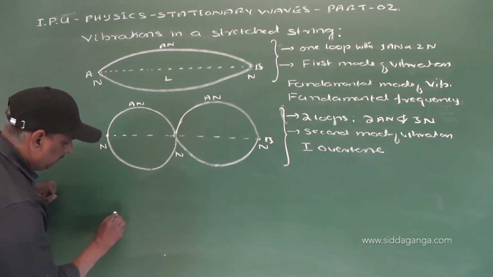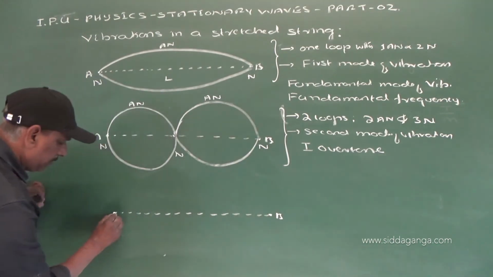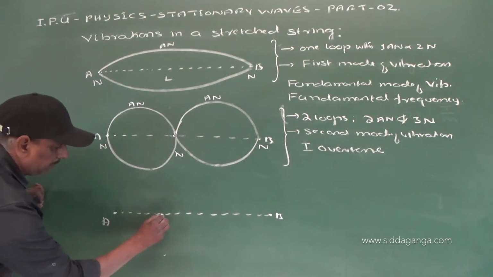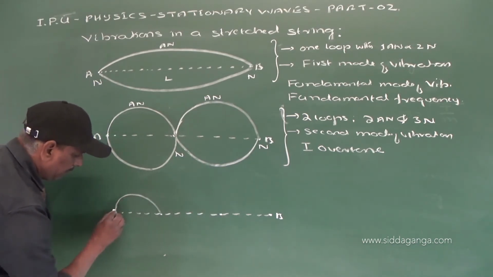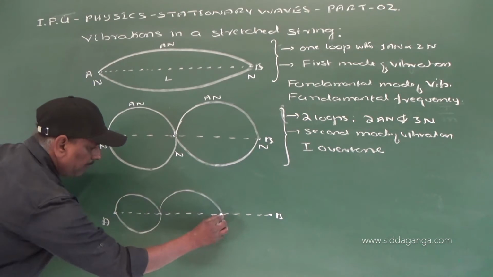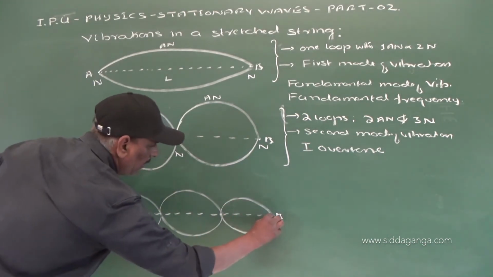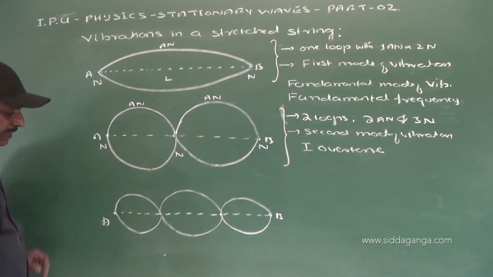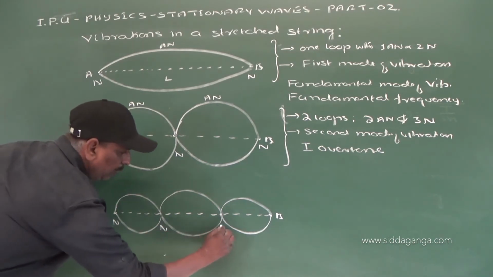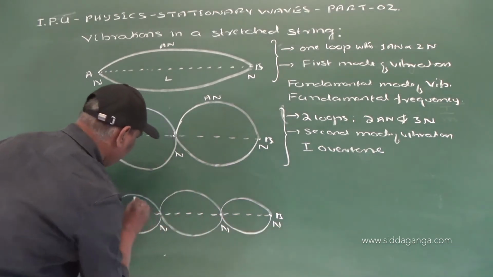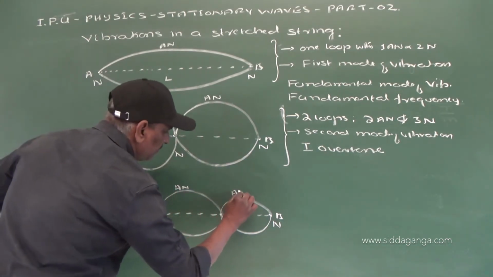Suppose now here it is vibrating with three loops, that means 4 nodes and 3 antinodes. Right.